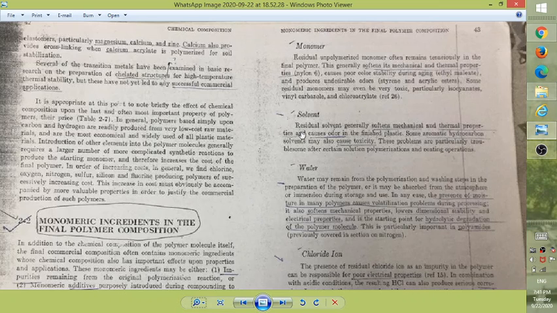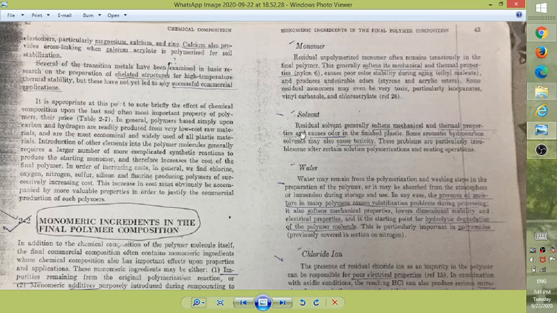In any case, the presence of moisture in many polymers causes volatilization problems during processing. It also softens mechanical properties, lowers dimensional stability and electrical properties, and it is the starting point of hydrolytic degradation of the polymer molecule.